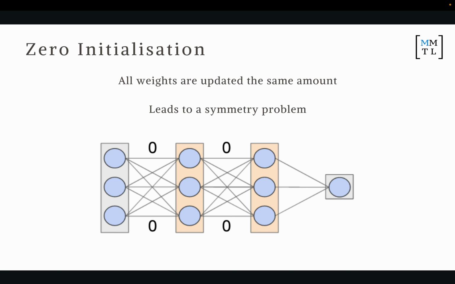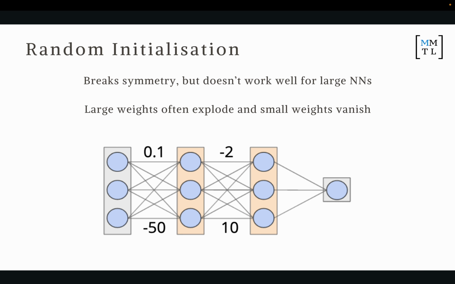Now, the only problem with this is that all weights are essentially updated the same amount. When you backprop through this, all the weights basically update the same amount. And so it leads to a symmetry problem where the relation that the neural network is modeling has to be a symmetrical function, which is not what you want. A lot of functions aren't symmetrical. So zero init wasn't a great choice.